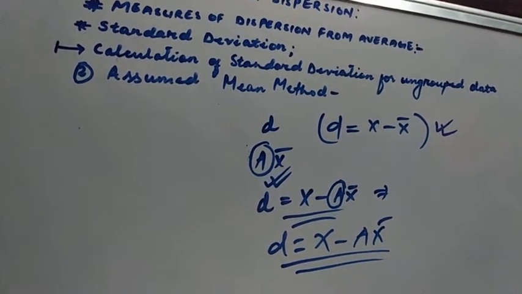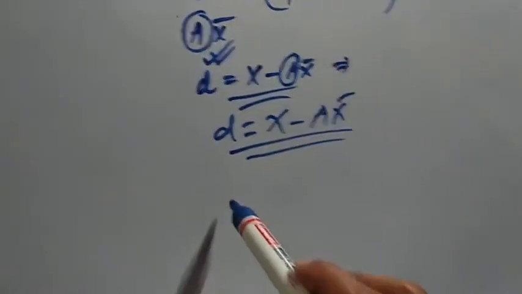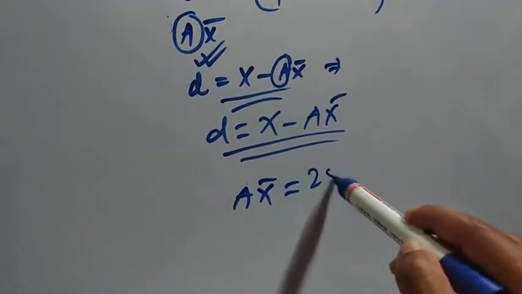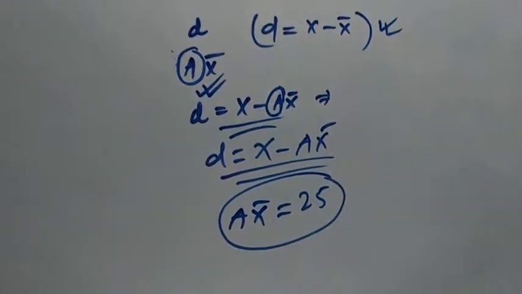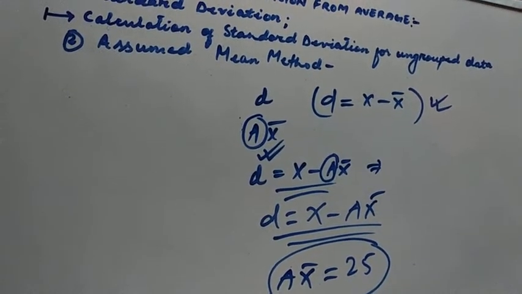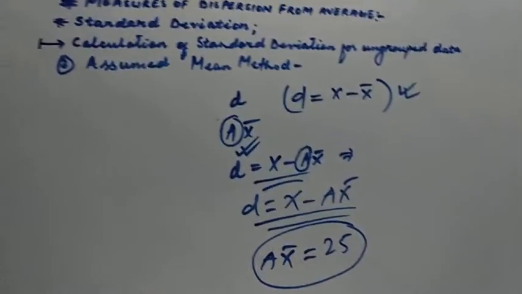We will use the same values, and now we assume A equals 25. So 25 is our arbitrary number, and the computation of the standard deviation is shown below.